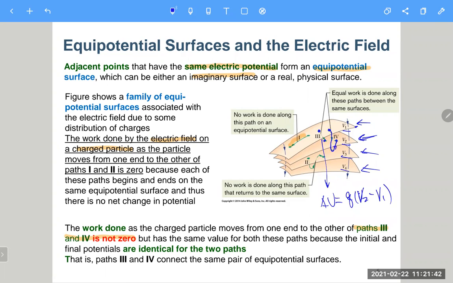But these two paths have the same work done because it only depends on the starting point and the end point, on V2 minus V1.